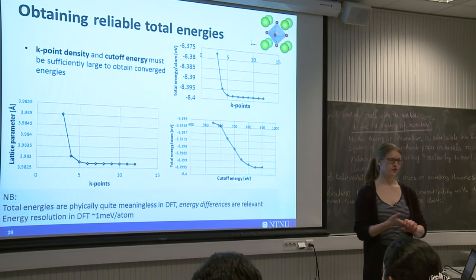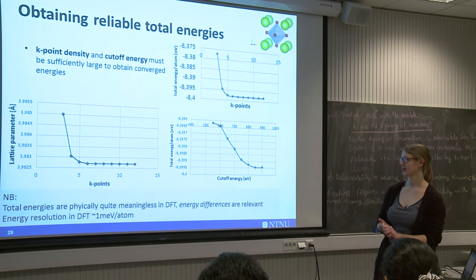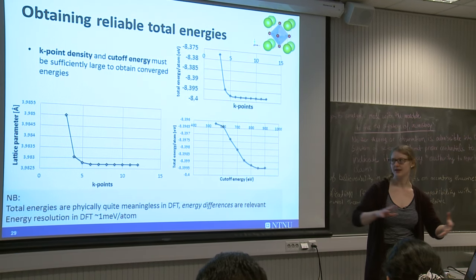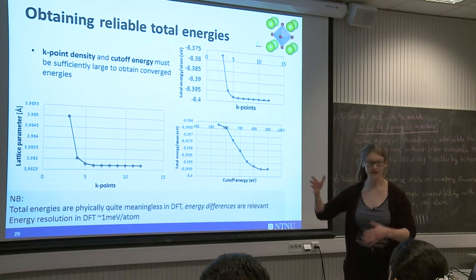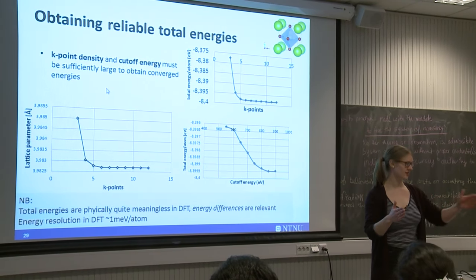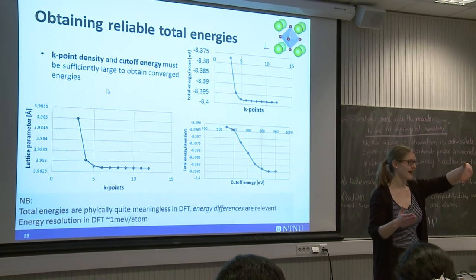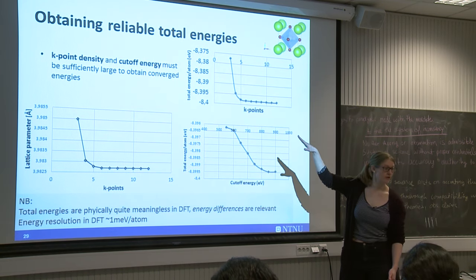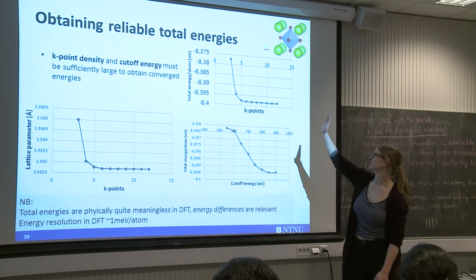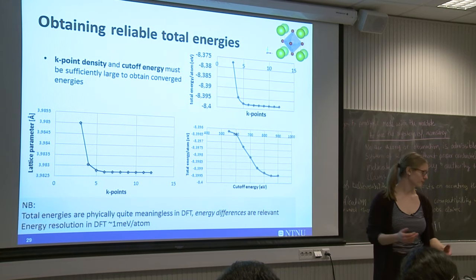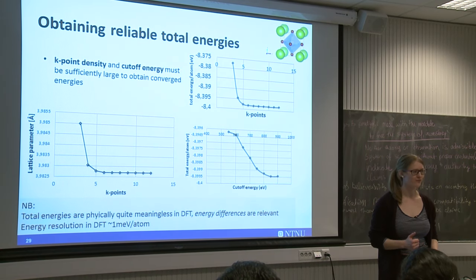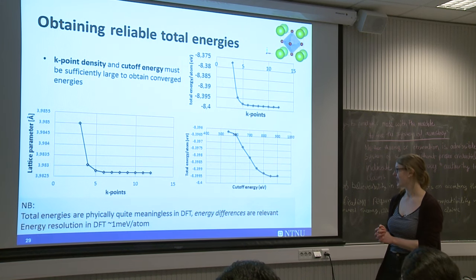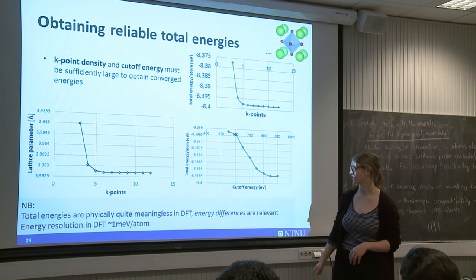So what you basically do is define a number of K-points, increase the number of K-points, and then calculate the total energy. When the total energy starts to converge, you choose practically the smallest number of K-points that you need to make your calculations converge. And then you do the same thing for the cutoff energy.